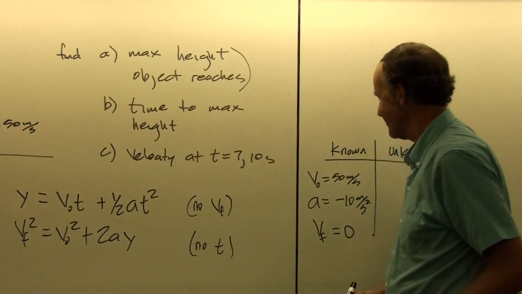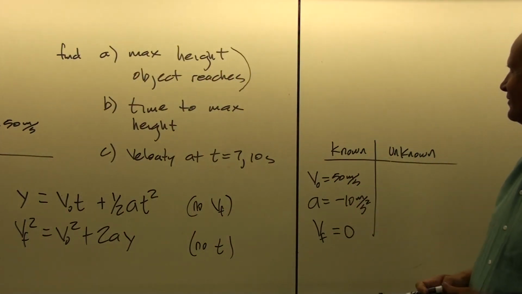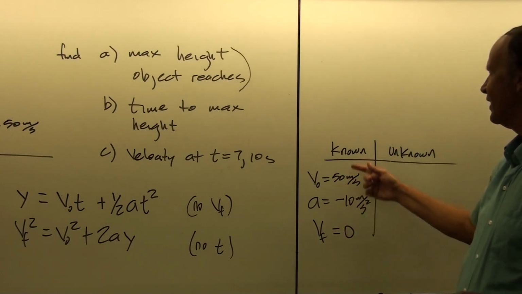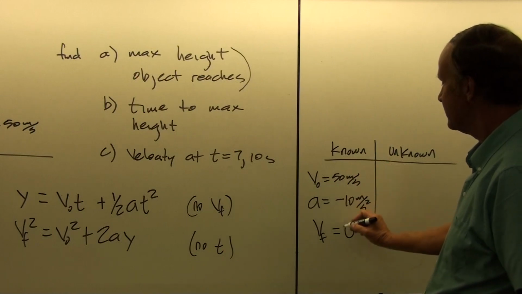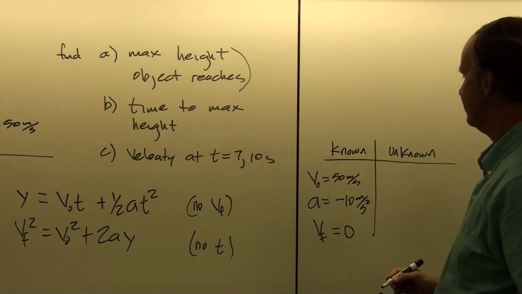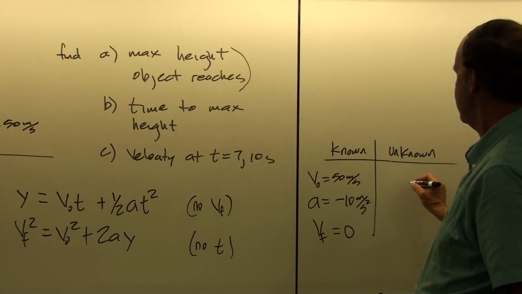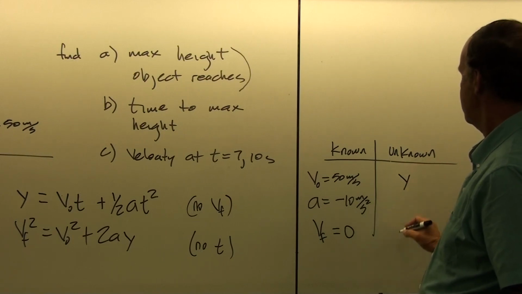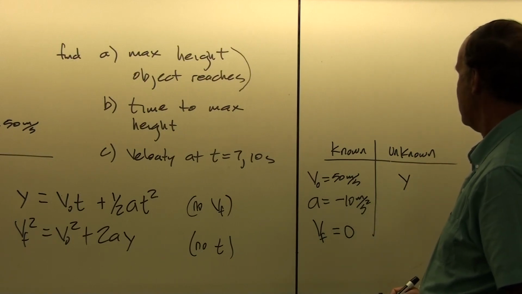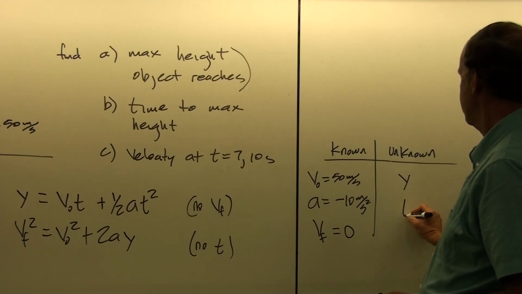Well, that's just fine. That's an important piece of information. If it's 0 or some non-zero value, that still is a known quantity. And so that goes in there, and that gives us 3 out of 5. Then our unknown quantities are the maximum height, y, and the time of flight, t.